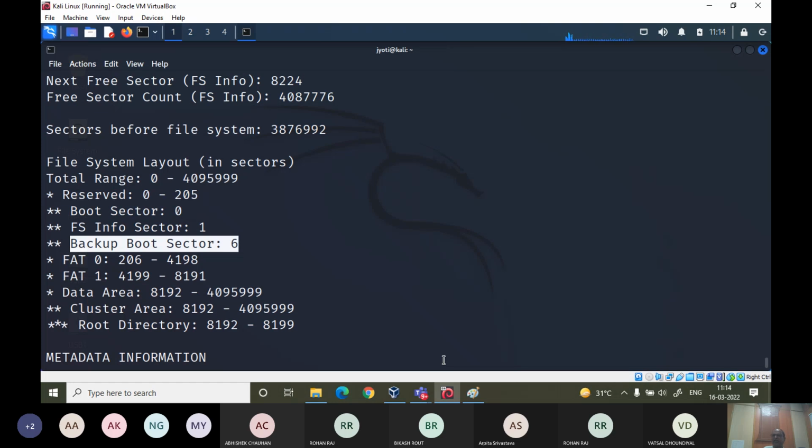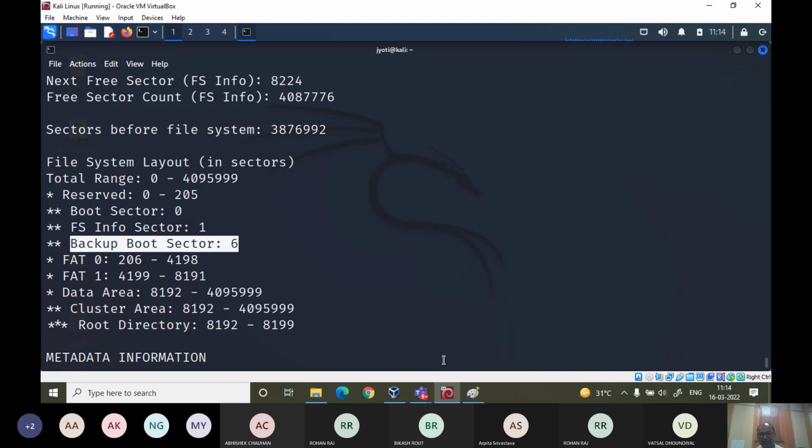Now you are writing something and you suddenly take your pen drive out, or suddenly power goes off and so on. Sometimes that writing will be interrupted and your boot sector information will become lost. Maybe you were writing, pulled it out, and it got messed up, sir. Then whenever you insert the disk again in a new system, it compares the information in the backup boot sector and the boot sector.